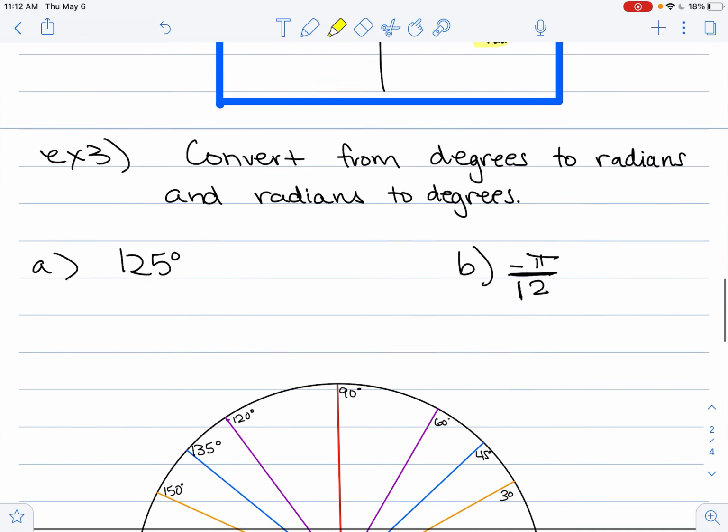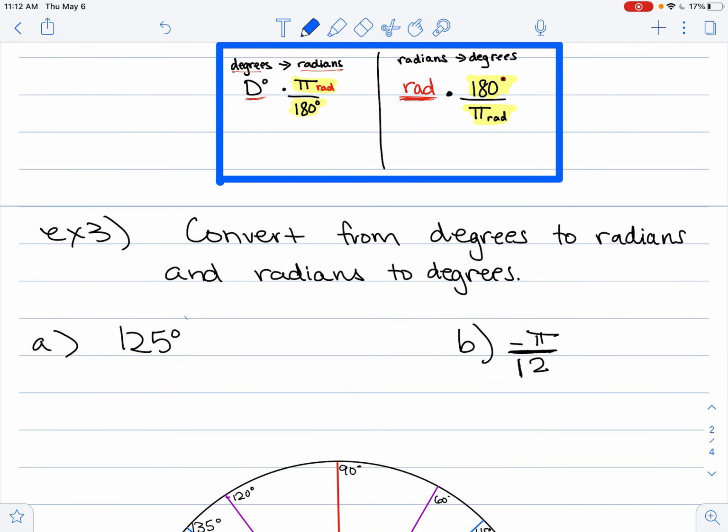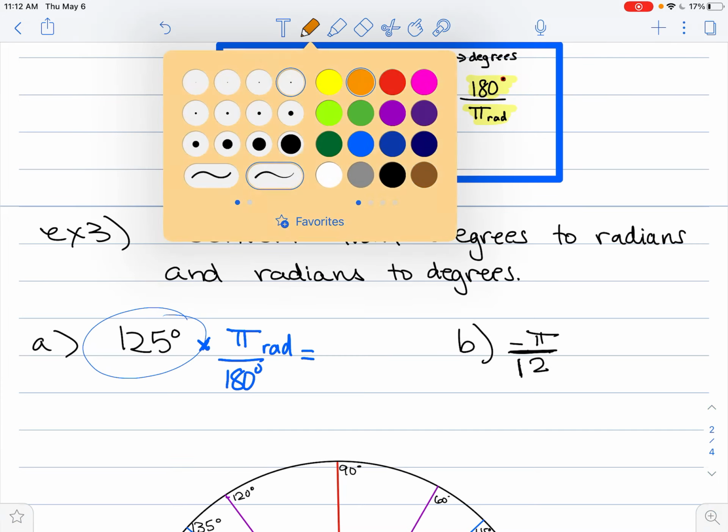So let's go ahead and convert something. If I said to go ahead and convert from degrees to radians and radians to degrees, so this is given to me in degrees, I need to convert it to radians. So I'm going to use this right here to convert from degrees to radians. So I know if I've got degrees, I'm going to multiply by pi over 180 radians. So these degrees right here are going to cancel.